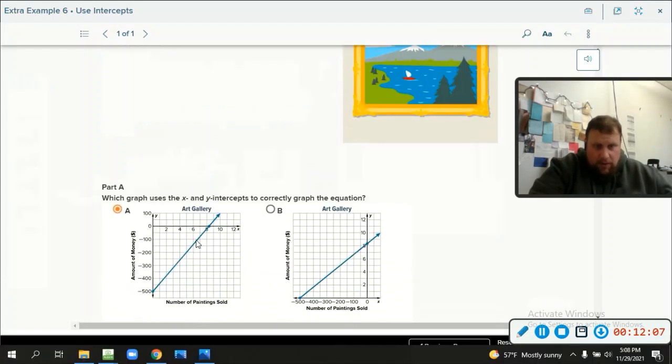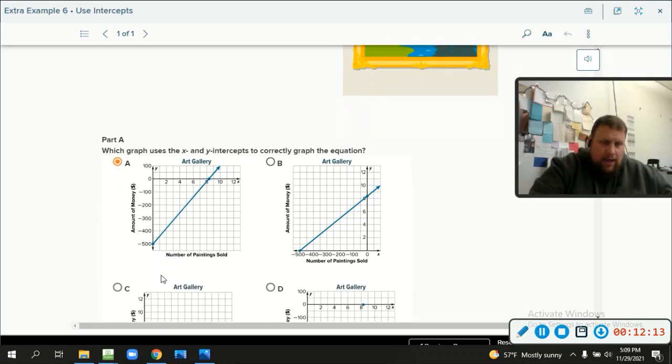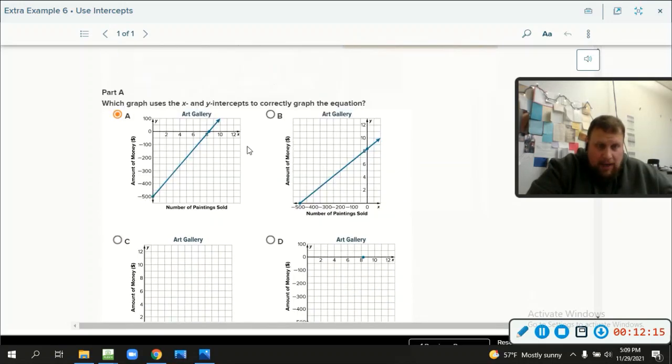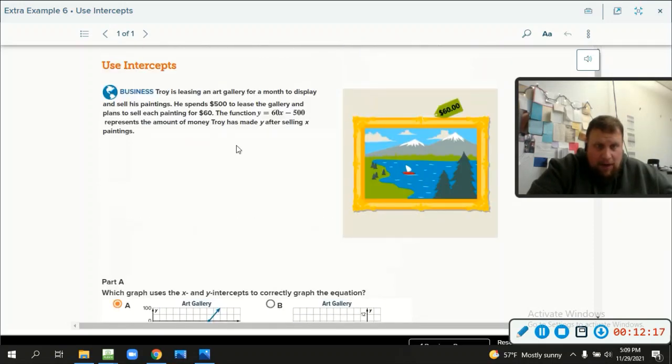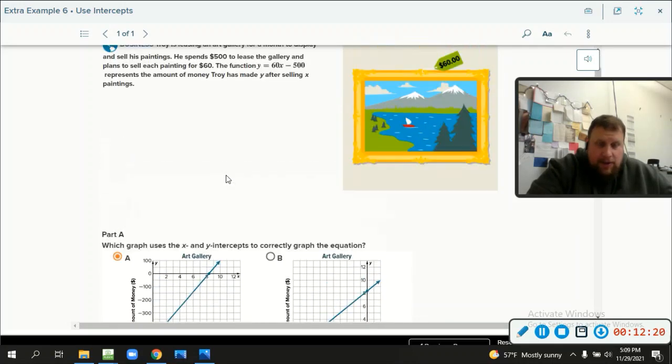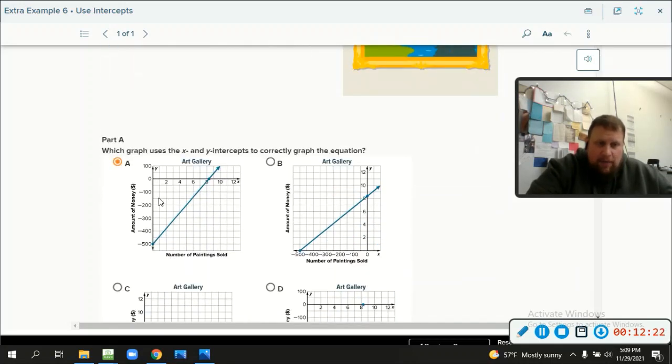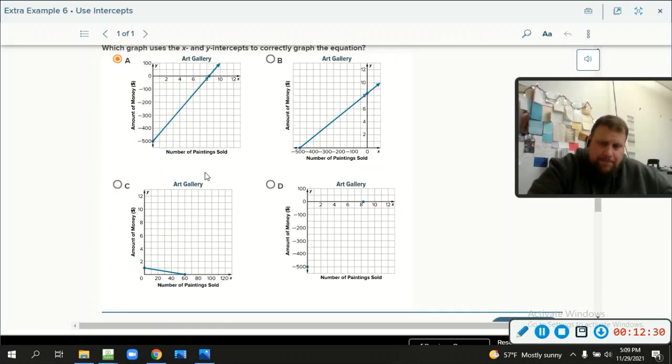So we're going to look for that a little past 8 right there. Again, that's another way of confirming this is our line. And now, because we're talking about money, and x is the amount of paintings, excuse me, you can't sell a negative amount of paintings, which is why this graph stops at 0 on the x-axis. We can only sell a positive amount of paintings, and boom, go from there.